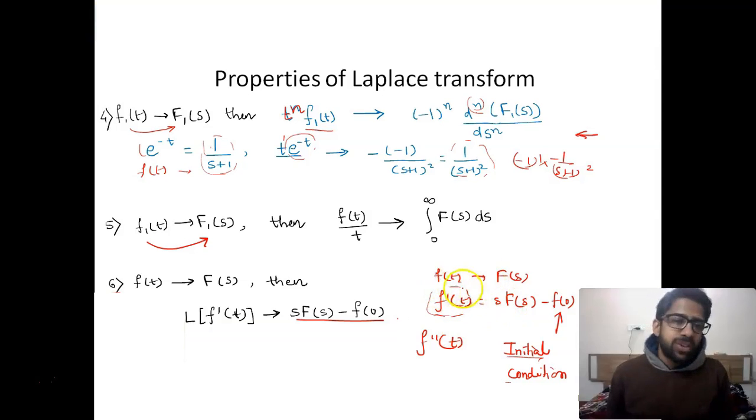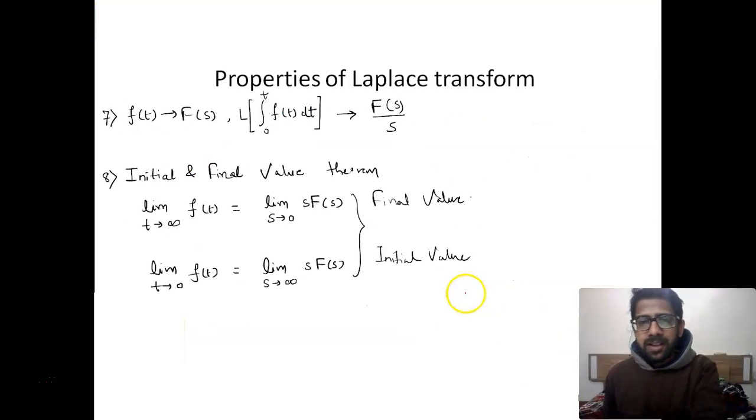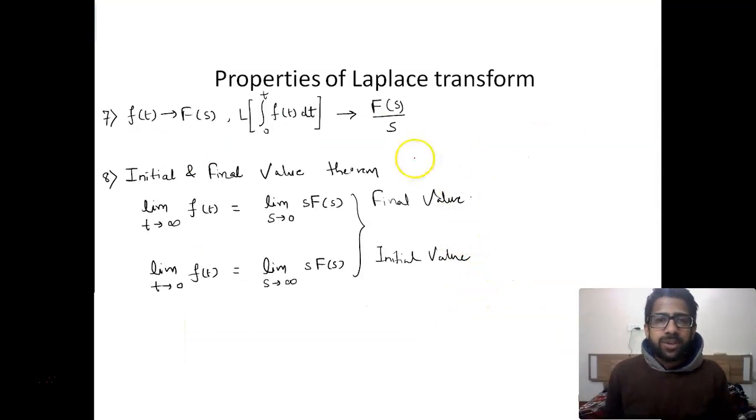You just need to know the Laplace transform of some original function, and you can calculate the Laplace transforms of the respective derivatives. The exact opposite rule is the seventh rule, which says if you integrate the original function with respect to t, then we have to divide by s, right?